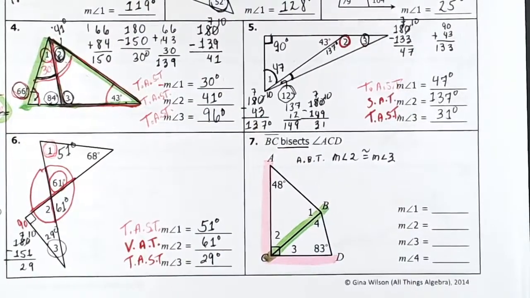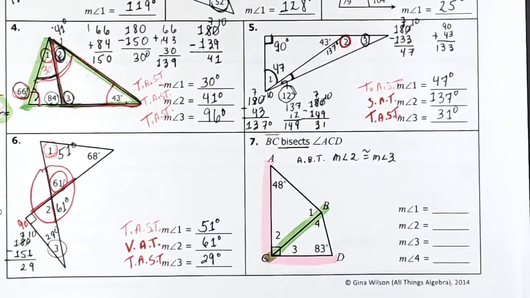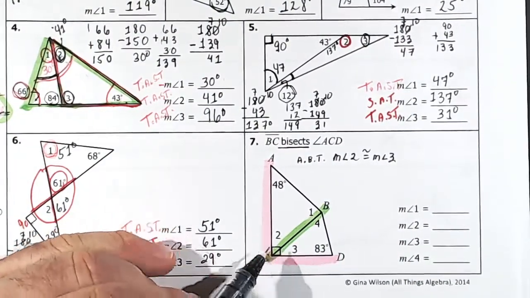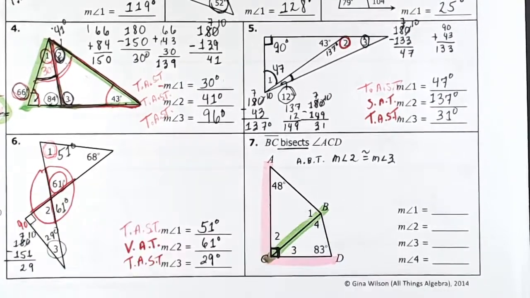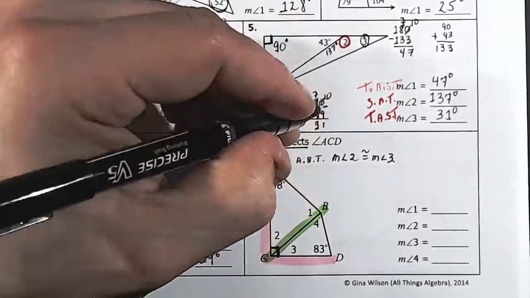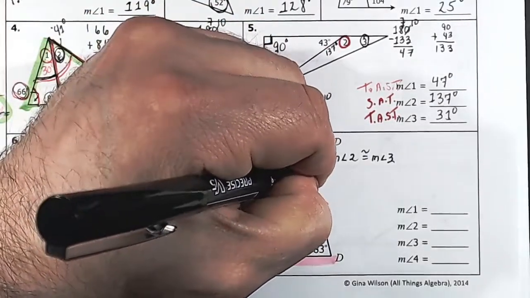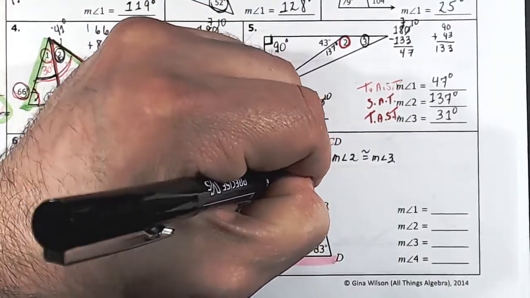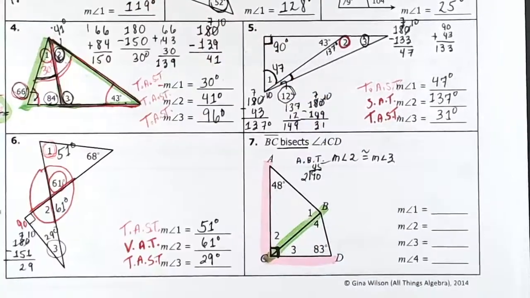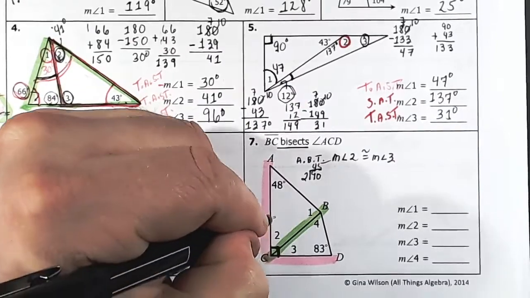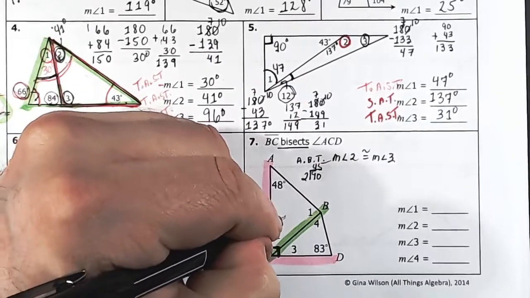Now, I claim we already know what these measures are because the whole angle, 2 plus 3, is 90 degrees, because of this little 90-degree symbol down here. So we just have to do 90 divided by 2, which is 45. So angle 2 and angle 3 are both 45 degrees.